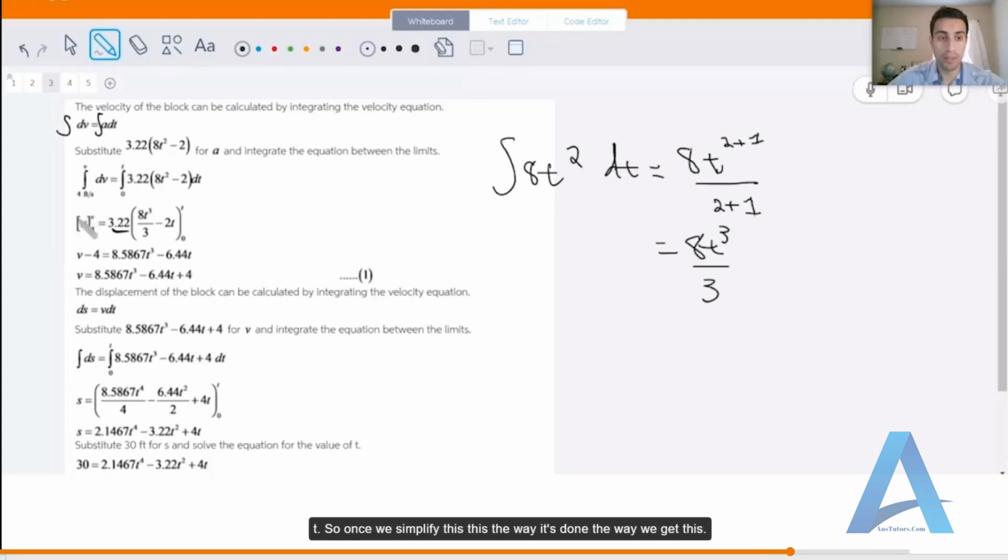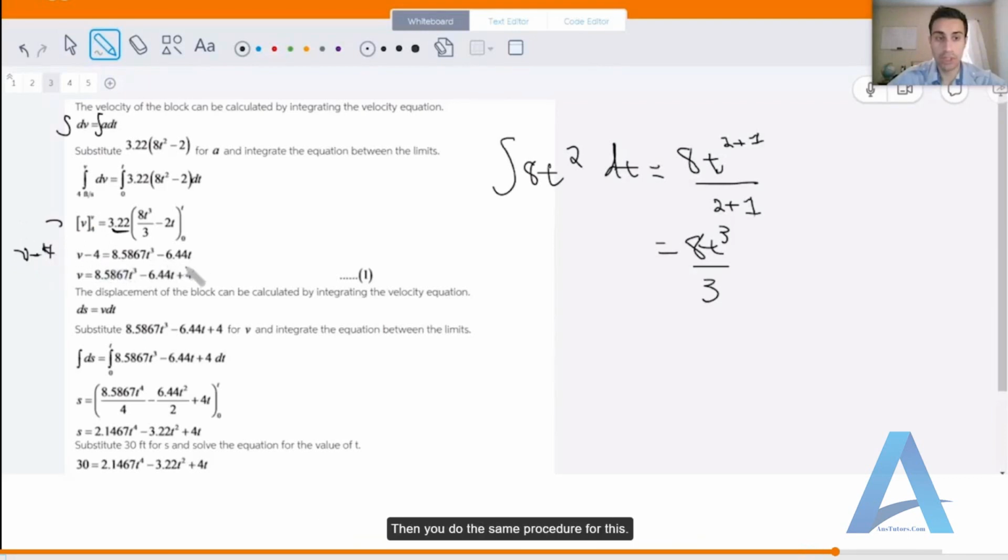Once we simplify, this is how we get this. We do the v first, so v is simply v, then minus, we plug in the 4 for v. That's how we get this.